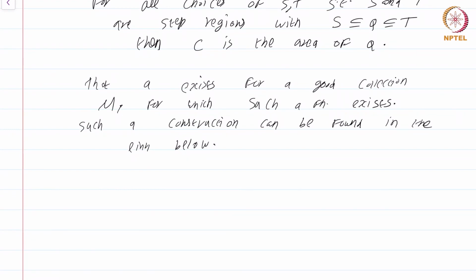Now, this is about general area. There is a function that for most reasonable subsets of R2, you can assign an area. The next question is, there is a function called area, but that is very different from, I give you this figure, tell me what its area is. Just knowing that there is such a function is of no practical use unless there is some way to compute, right?